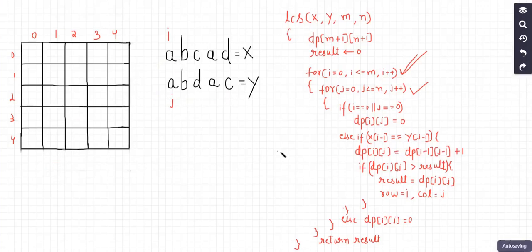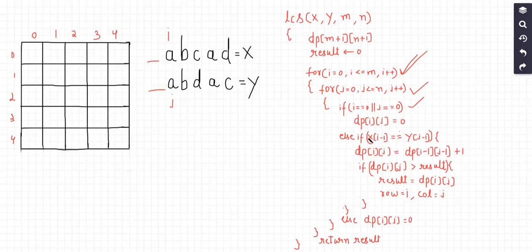So let's see how it is working. The first case is that if one of the pointers is 0, it represents that we are standing at some hypothetical index which is to the left of the start of the strings. It simply says that one of the pointers is pointing to an empty string.